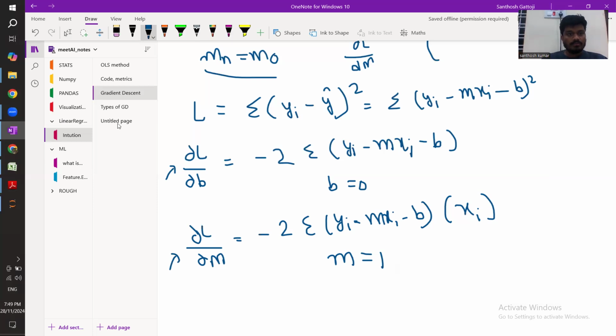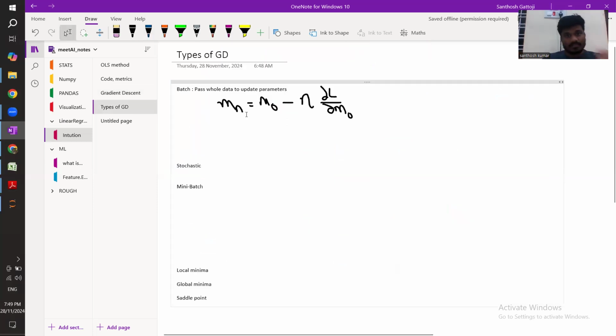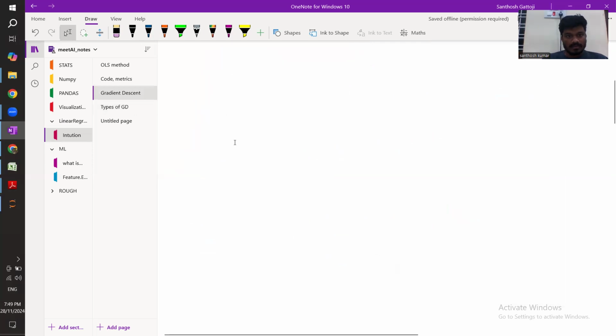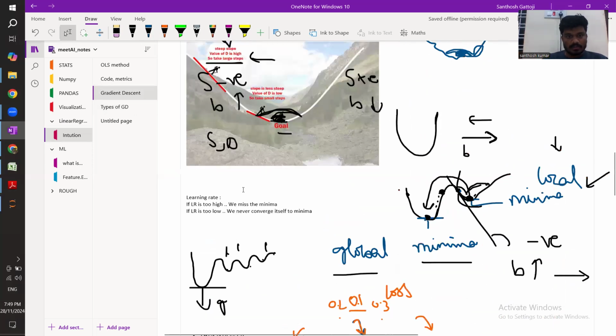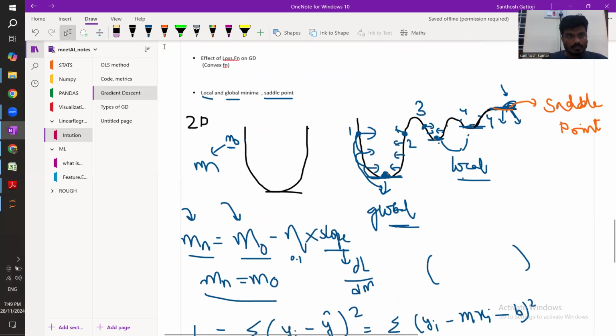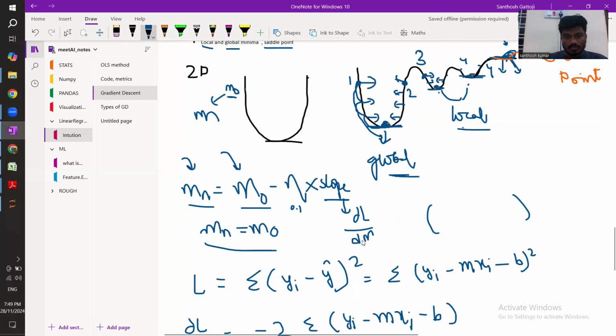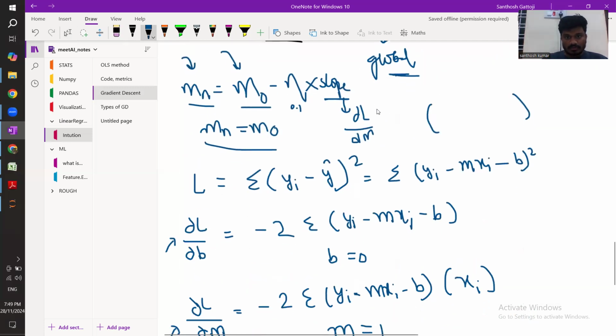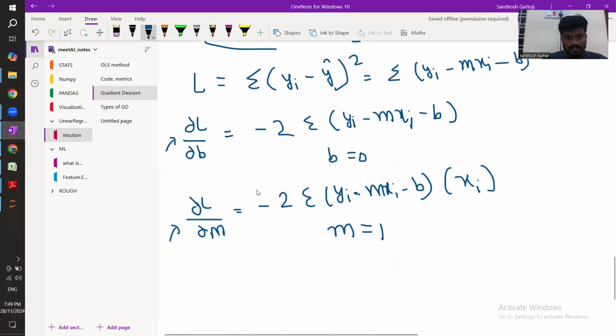Now when I'm saying m new equal to m old minus eta into dou L by dou m, over here, if you want to move from m old to m new, you will put the m new here and m old value here in slope. For slope, you already have the equation. If you want to calculate dou L by dou m, take this equation.